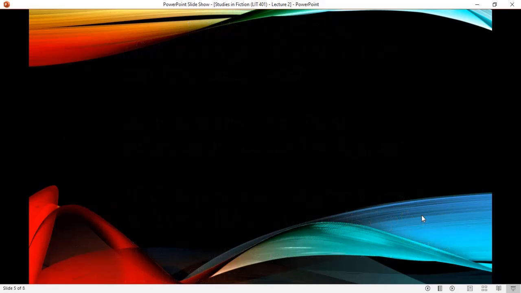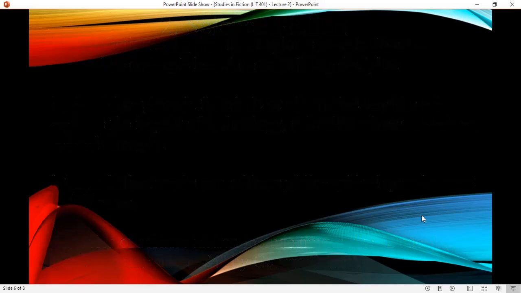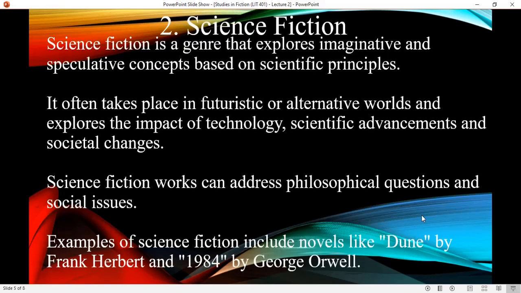We also have science fiction. When we talk about science fiction, we are talking about a form of fiction in which emphasis is on scientific imagination, speculations about things that are likely to happen in the future based on some scientific findings or principles.